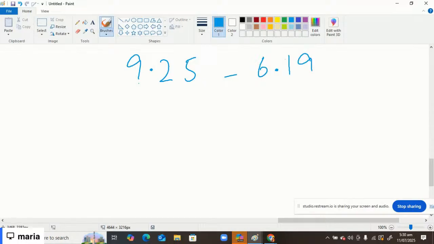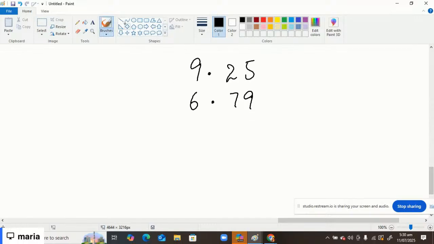Or otherwise, here I'm going to put some greater number, okay? Let's suppose here is 7. Now let's do it. So just putting the same thing, 9.25, then 6.79, okay, and then just subtraction.